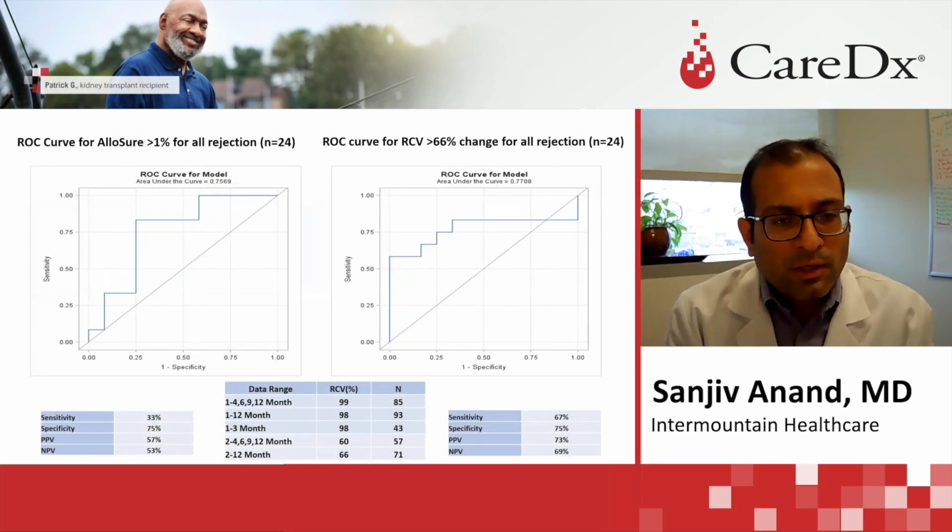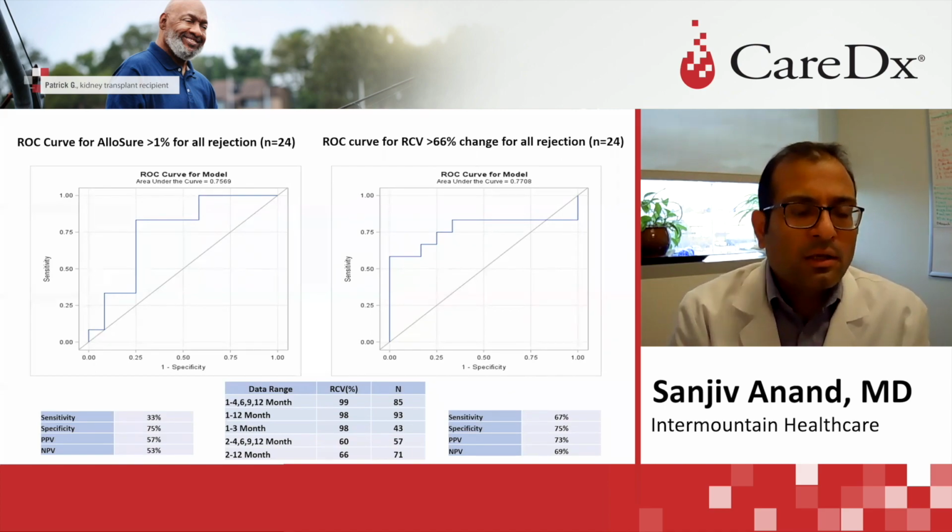This slide has a very important message: we should not rely so much on single measurements, but rather it should be a serial change in donor-derived cell-free DNA that leads to further evaluation, and has further therapeutic and diagnostic implications, rather than a single value.